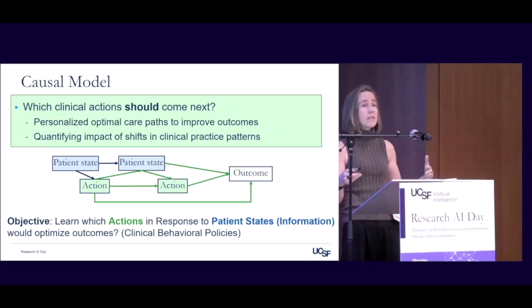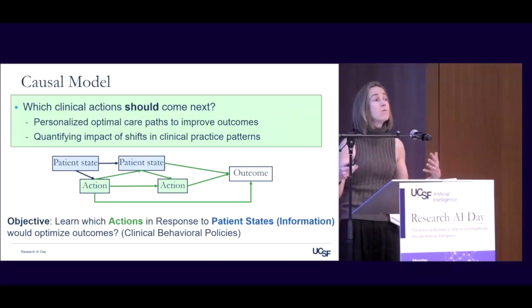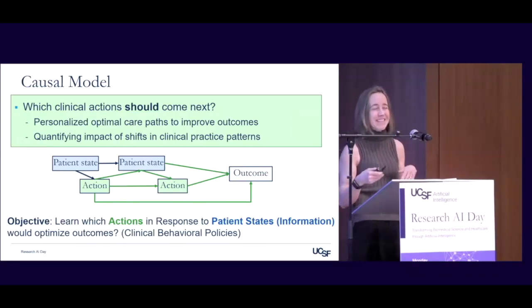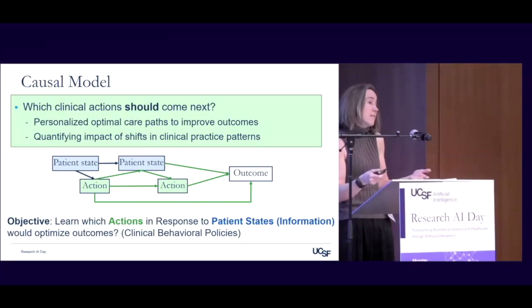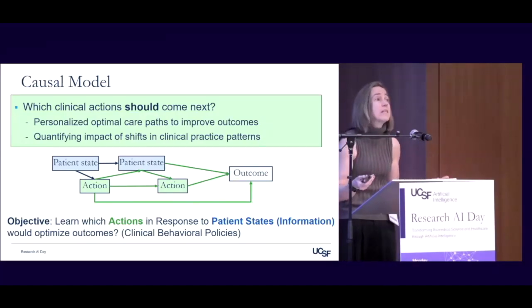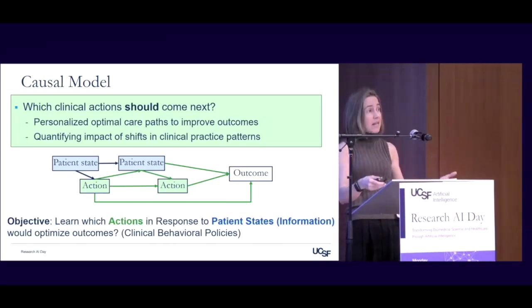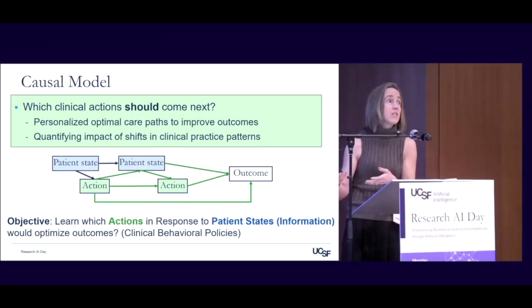So what this does is it really, in some ways, describes what we know and what we don't know about the process of delivering clinical care. So in a highly abstracted form on this slide, you could think of what clinical care is. It means taking in this complex patient information, deciding on a clinical action or multiple actions.